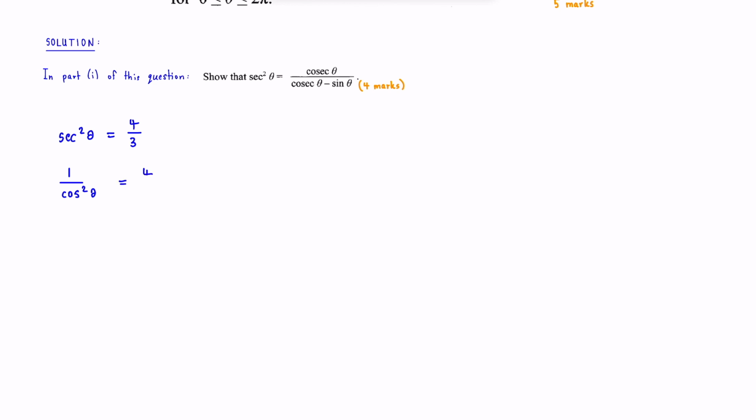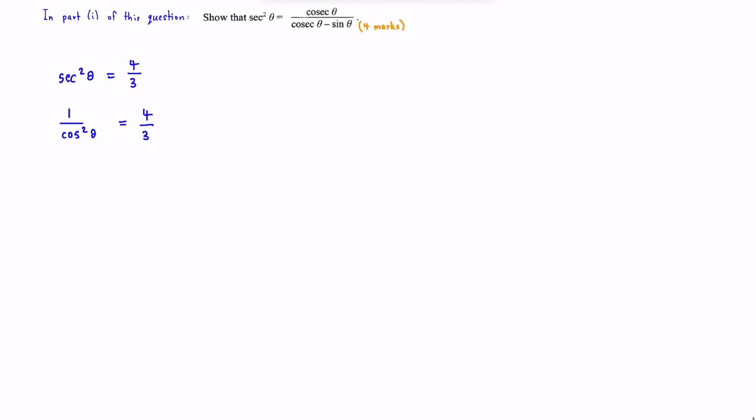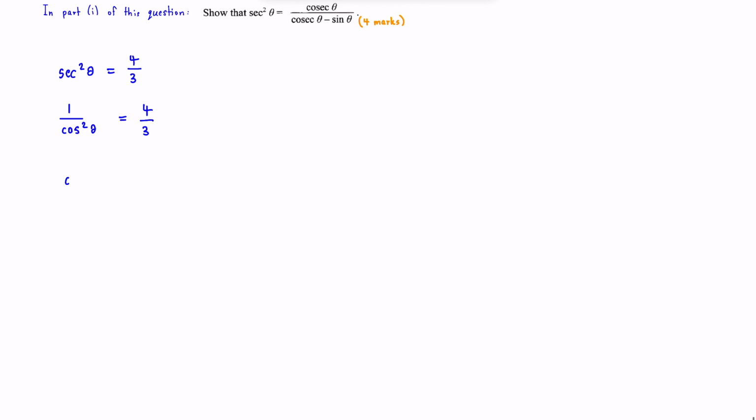So we can replace that immediately because remember, we want to get it in terms of sine, tan, or cos. Okay, now we're going to flip these to get cos squared theta is equal to 3/4. And from here, we can get rid of that square. So cos theta is equal to plus or minus the root of 3/4.